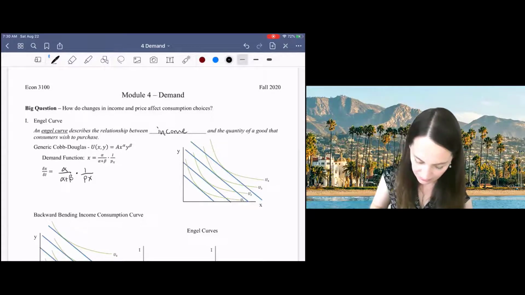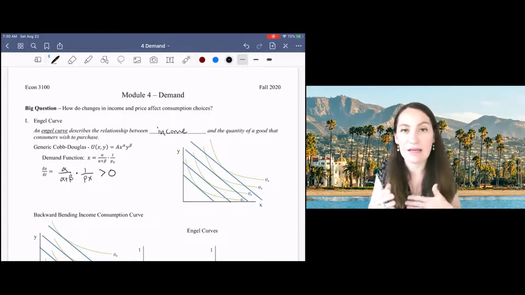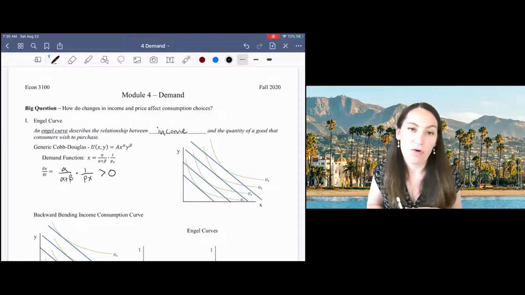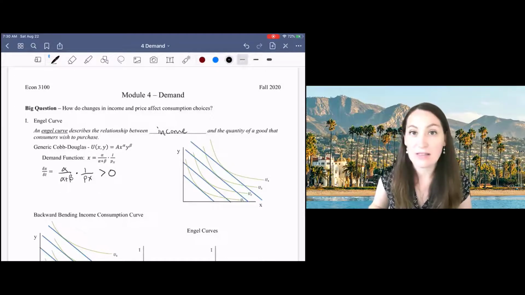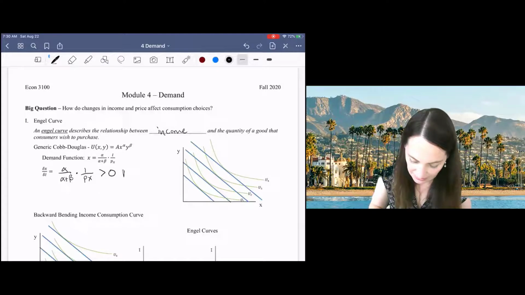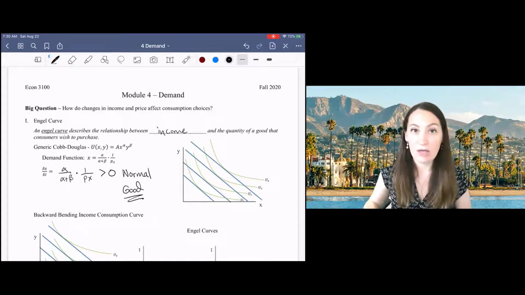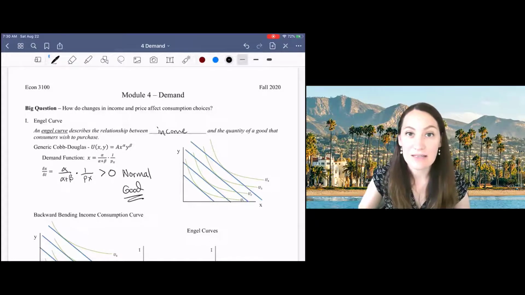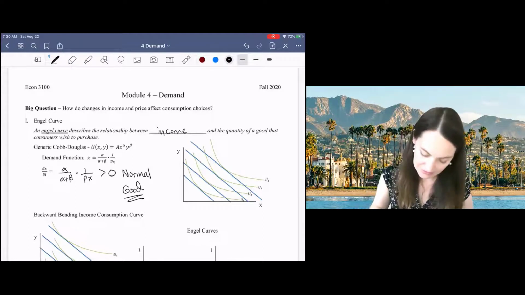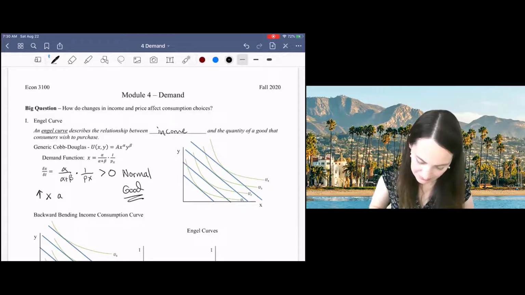And so this expression is greater than 0, right? Everything here is positive. So the derivative of consumption with respect to income is positive. What does that tell me? It tells me that this is a normal good, right? What's a normal good? A good that you increase consumption as income increases. Increase consumption of X as income increases.